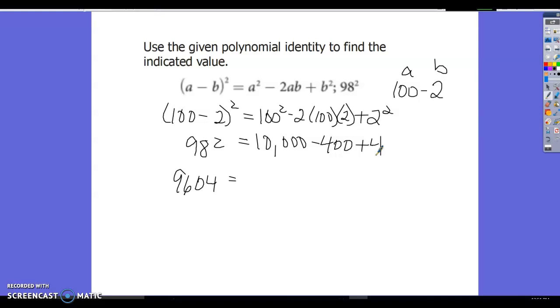So we've got 10,000 minus 400 plus 4, and that gives us 9604. So again, that proves that the identity works, and it helps you find the indicated value.